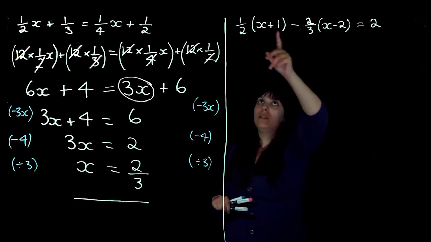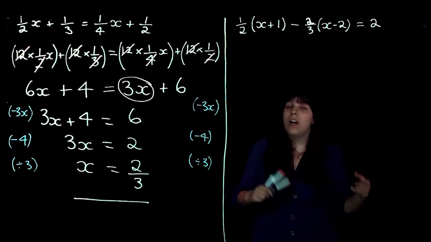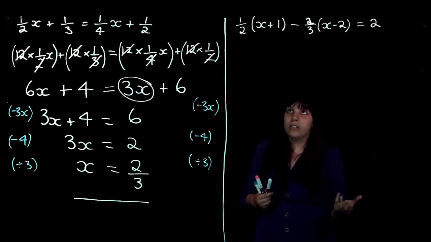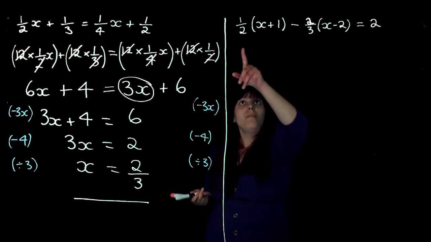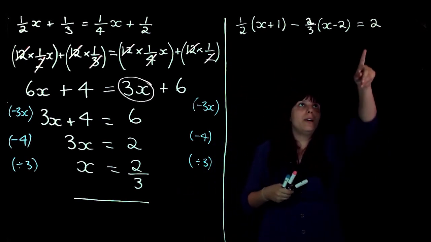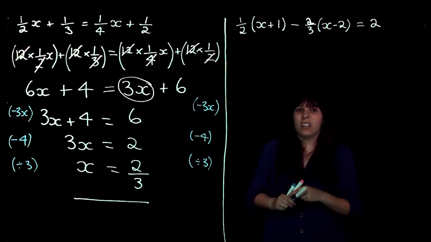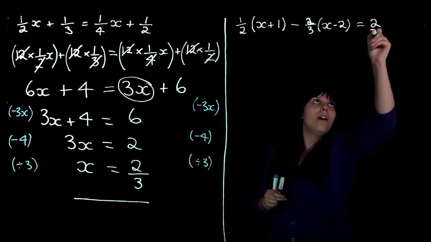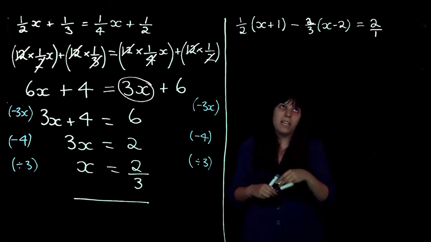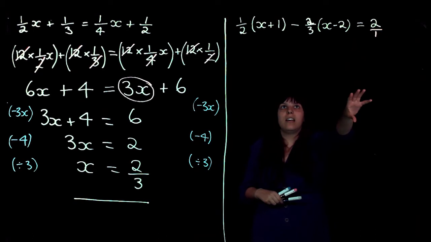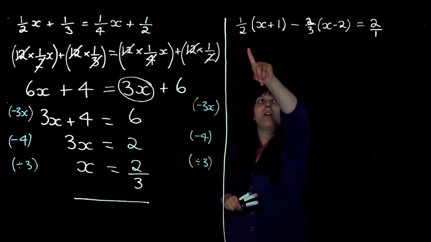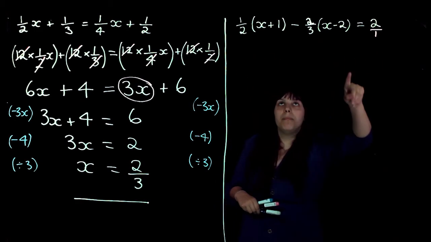Some people might like to multiply out first. I think it's easier to get rid of my fractions. So to do that, I'm going to look for a common denominator. Now I know my 2 isn't a fraction because it's a whole number, but if I want to, I can just put it over 1 just to make it slightly clearer, but that's not necessary. So I've got a 2 and a 3 and a 1.